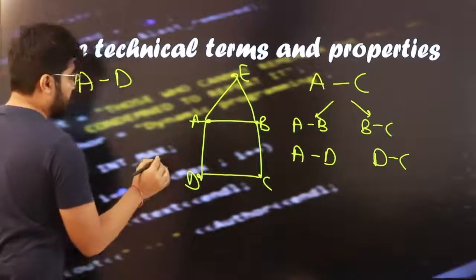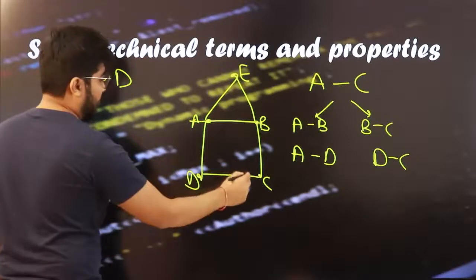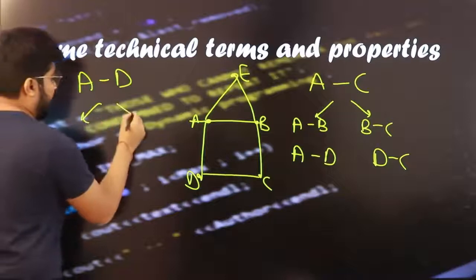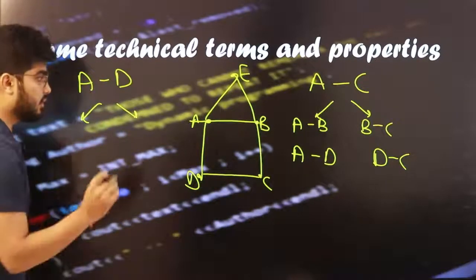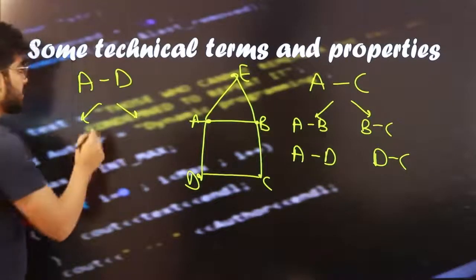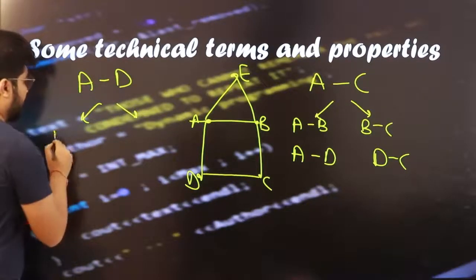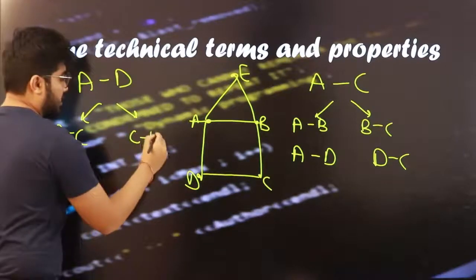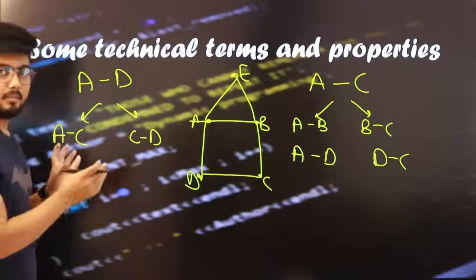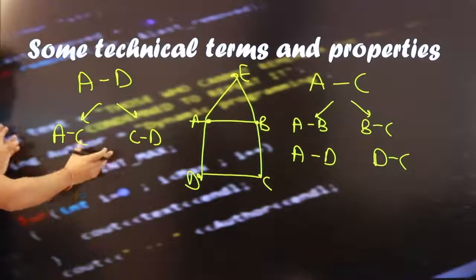One possible solution is that you may go from A to C. So we can break it down again. I'm going to use optimal substructure here. Let's see if it works or not. So from A to D, we'll go from A to C and C to D. So I have divided my problem into two subparts.